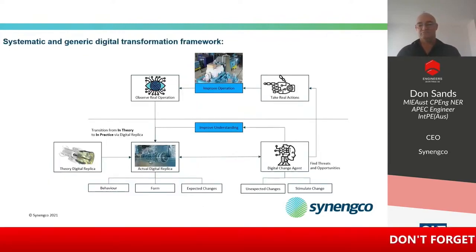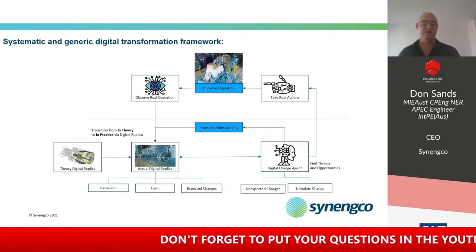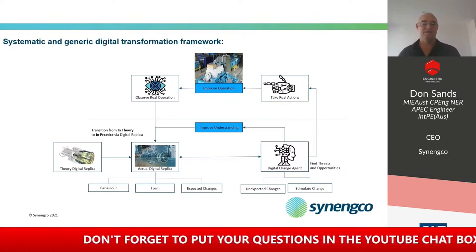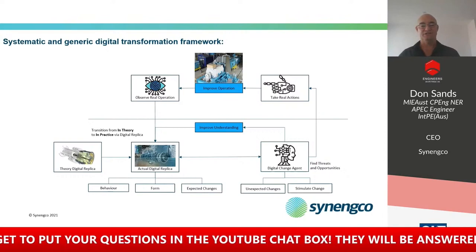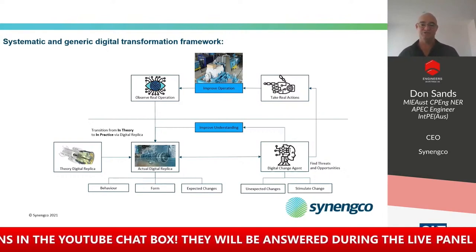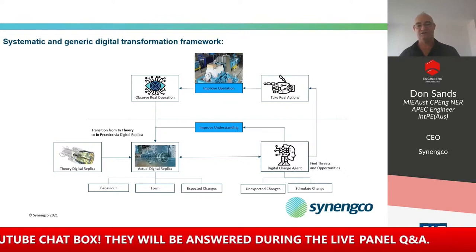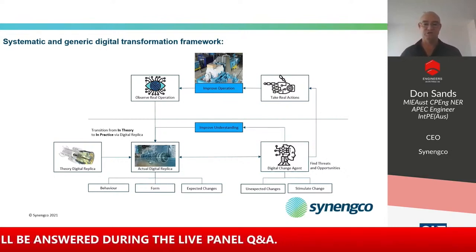So this brings me to, I guess, a concept that we use quite heavily within our business, a framework, if you like, that is using simulation and modeling to allow us to have a systematic way of digitizing an operation, from design, construction, commissioning, operation, maintenance, and disposal.